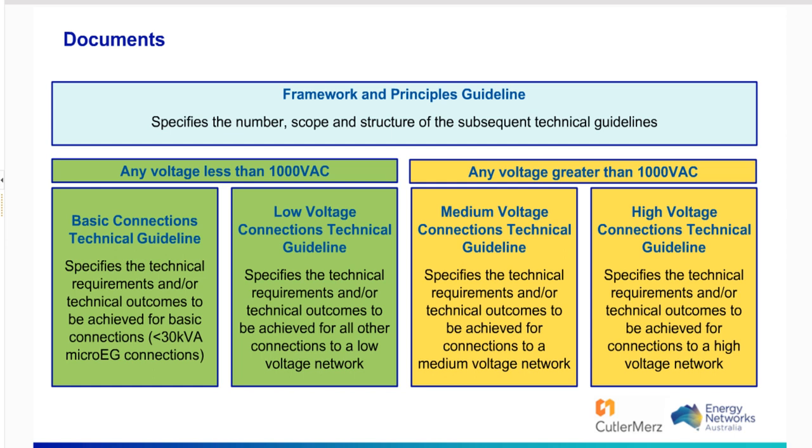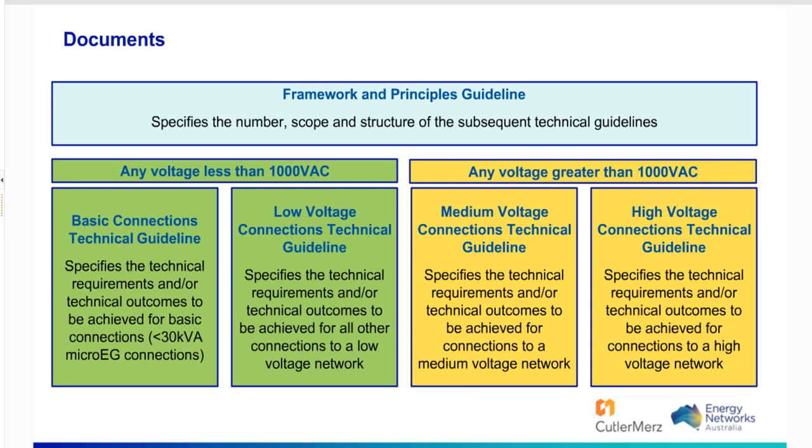In terms of the current suite of guidelines, this slide gives you an overview of what we're planning to do as part of this program of work. We've got a framework and principles guideline, which was already published in June 2018. The idea of that document was to specify the number, scope and structure of the subsequent guidelines, but also set the framework for how they're going to be developed, and the rules around the review process.